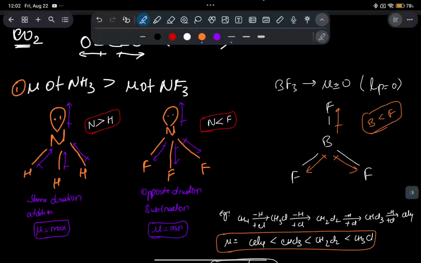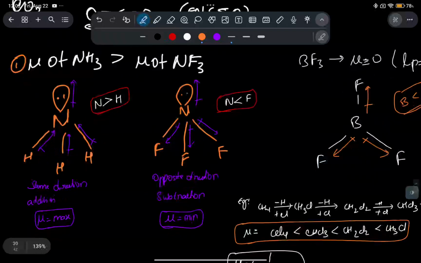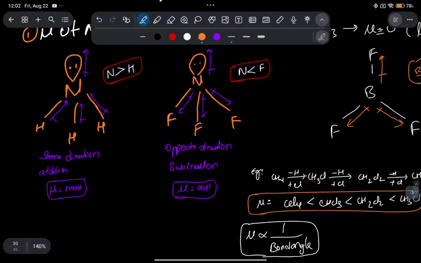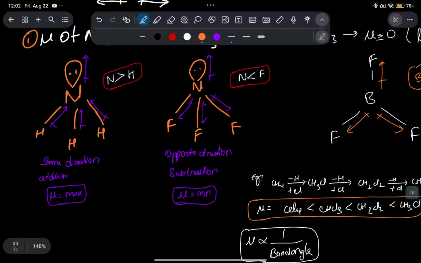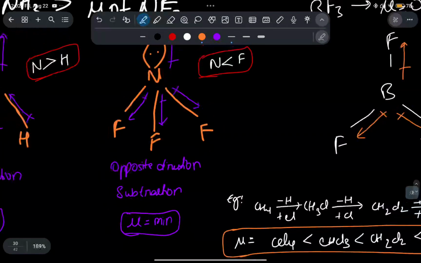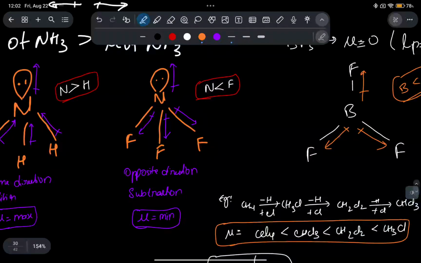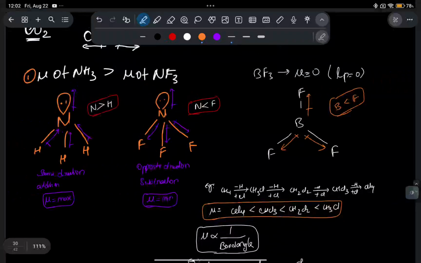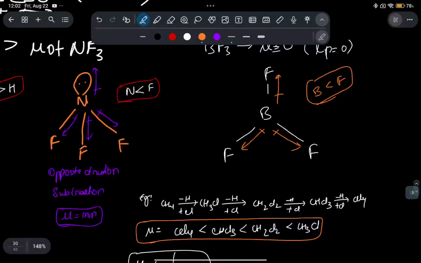If the central atom has more electronegativity, then the dipole moment becomes maximum. When compared to NF3, NH3 has the maximum. In NF3, fluorine has high electronegativity, and with the lone pair, the sides subtract, so mu becomes a minimum value. BF3 is the same situation.